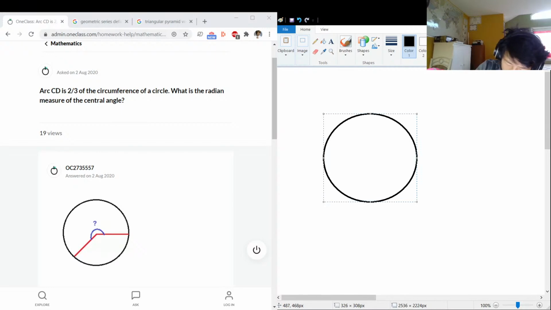Seems pretty close to circular. Let's say that's the center. So arc CD, let's say that is C and that is D, and we're looking for this angle.